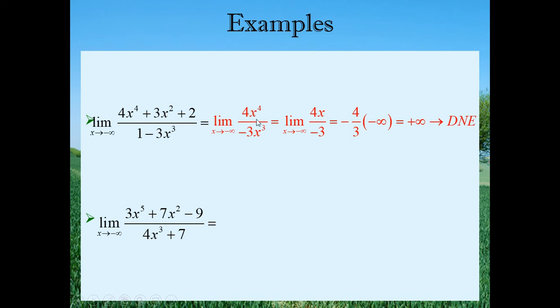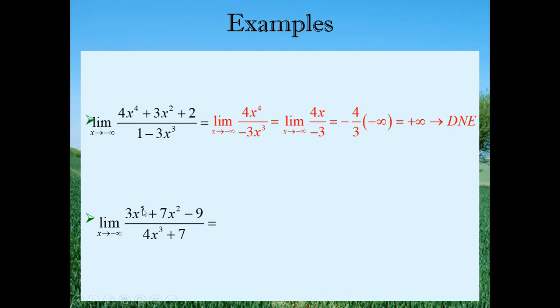So I've got 4x to the 4th all over negative 3x cubed. The x cubes cancel out, and I've got 4x over negative 3 as x goes to infinity. That's going to be negative infinity. So that's negative infinity, does not exist.